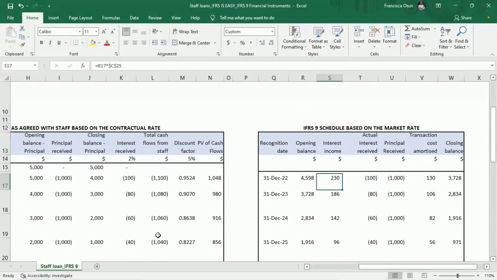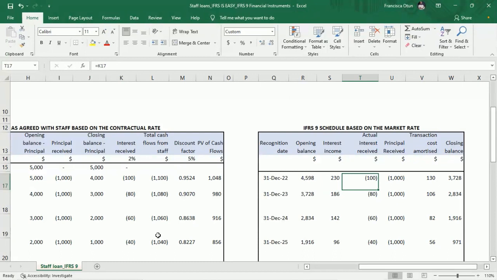And it is this market rate that the company will be recognizing as finance income, not the actual cash received. Okay, so we will soon look at how the calculation works in terms of the adjustments, the journal entries rather, to raise.